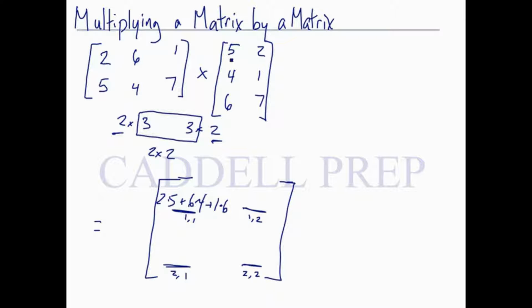So this 2 goes with this 2 because they're both the first element. So 2 times 2. Then we're going to add the second element times the second element, so 6 times 1. Okay, we need some more space. And then the last element times this last element, 1 times 7. So plus 1 times 7.